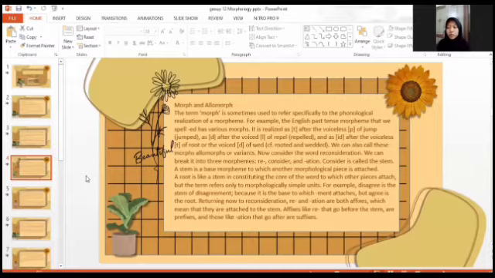Consider the word reconsideration. We can break it into three morphemes: re, consider, and ation. Consider is called the stem. The stem is a base morpheme to which another morphological affix is attached.